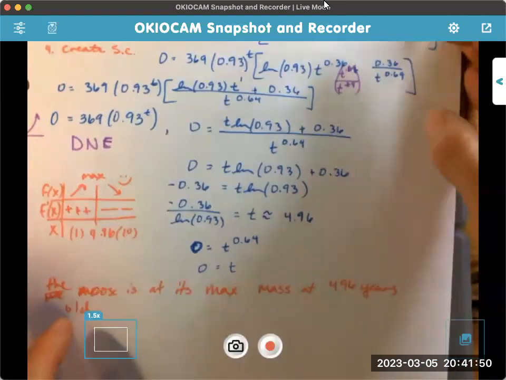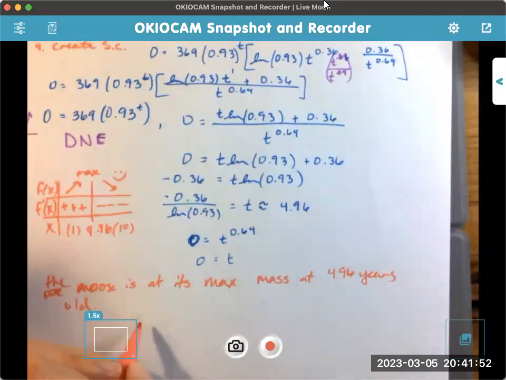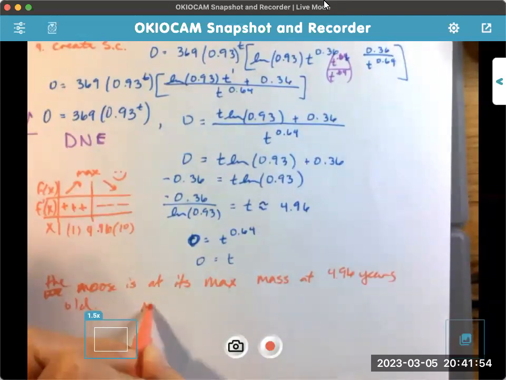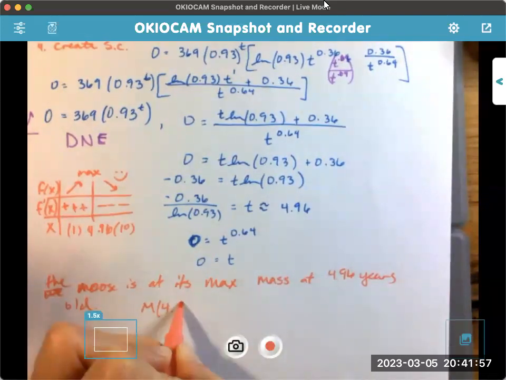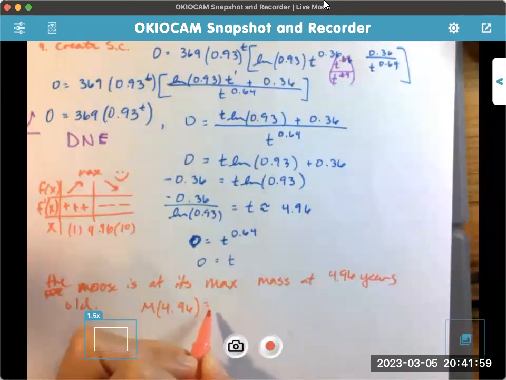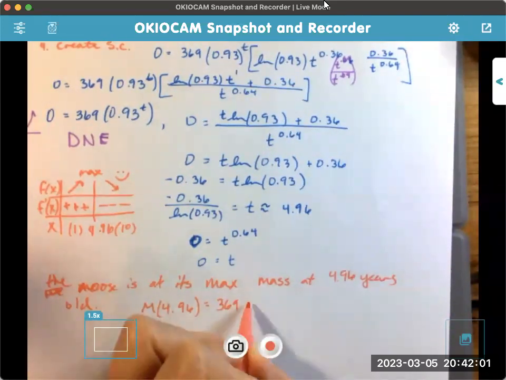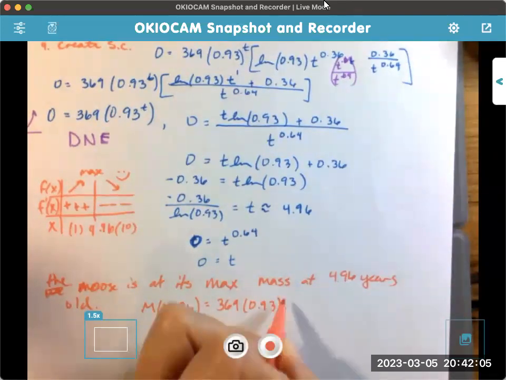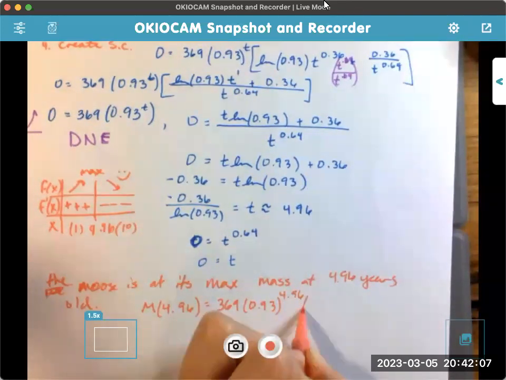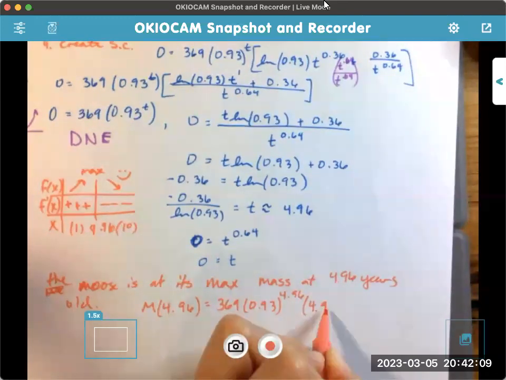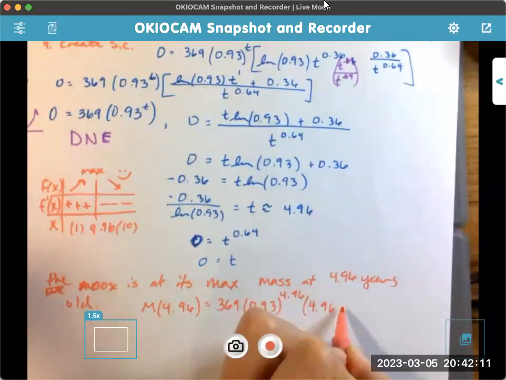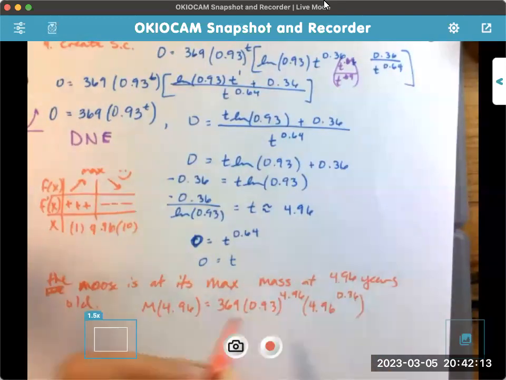Okay, so to answer the question, what is that max? We just pop in the 4.96 into M. So 369 times 0.93^4.96 times 4.96^0.36.